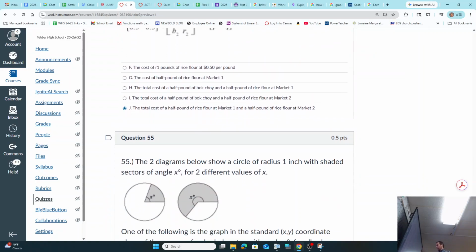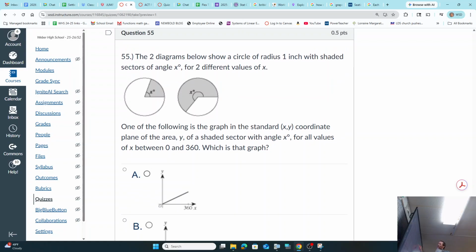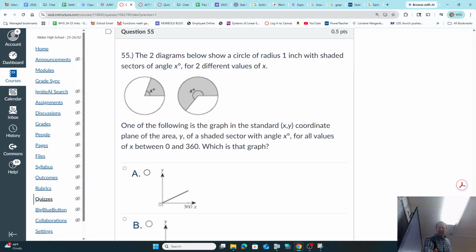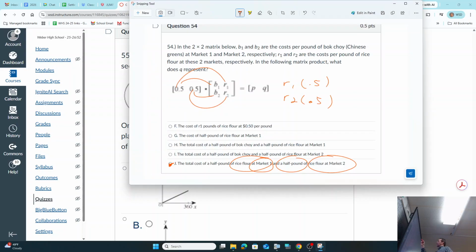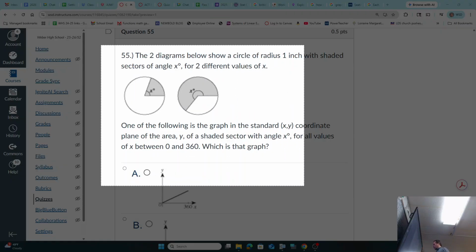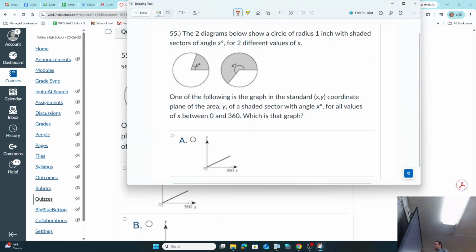Okay, beautiful. Okay, this one's kind of weird. I don't think I fully get this one. So we have two different x's is what it says, which confuses me. But that's just going to be a number, right? Maybe like 5 or 6, probably bigger than that. Probably like 70 degrees.